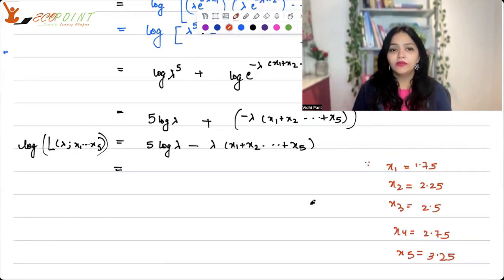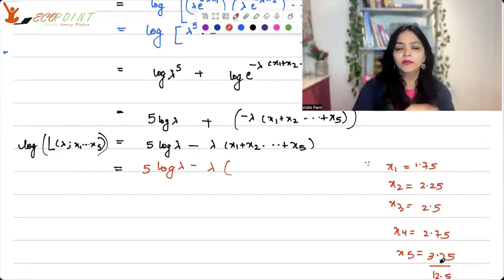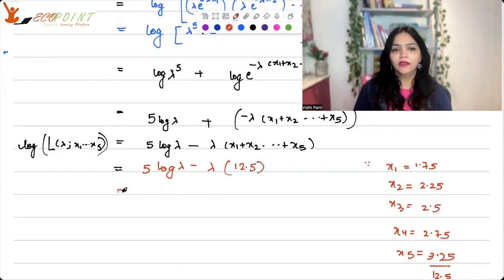I can just put these values in. So this becomes 5 log lambda minus lambda times the sum. When you sum it up, you get 12.5. So it is 5 log lambda minus 12.5 lambda.